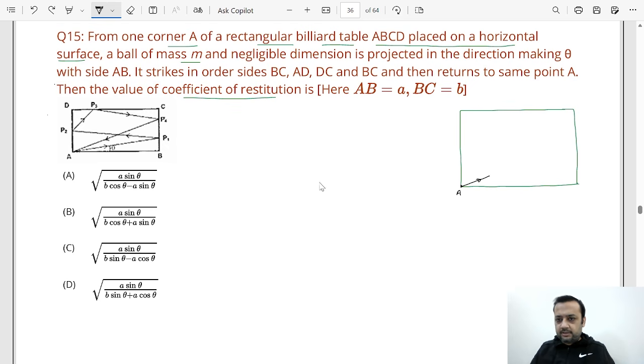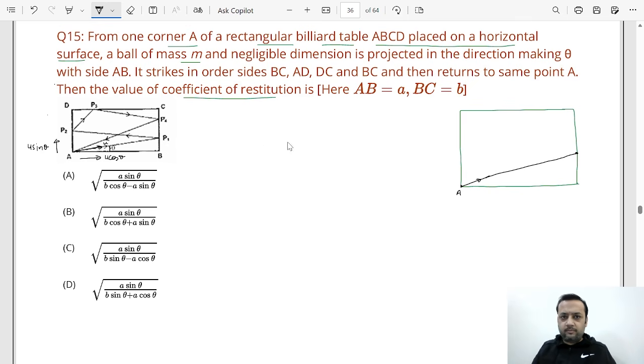Let me draw this here because I do not want to clutter this figure. The initial speed is u, and the angle is theta, so the x velocity initially must have been u cos theta, and the y velocity must have been u sin theta.